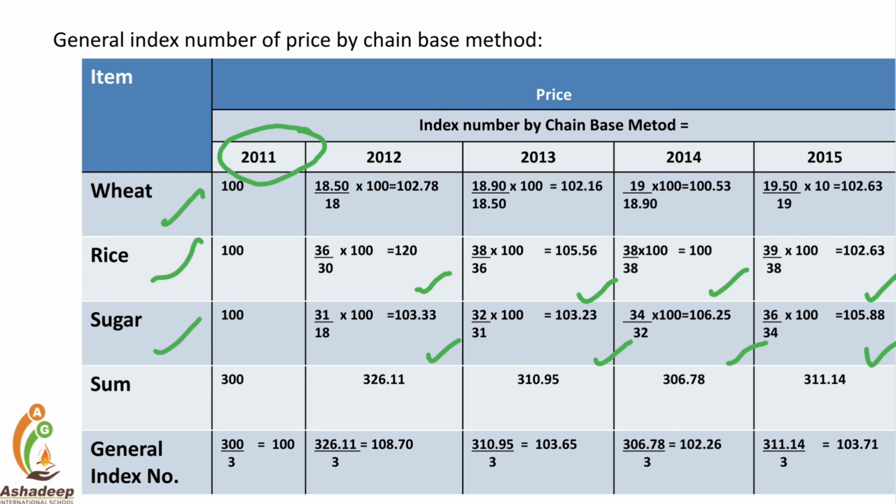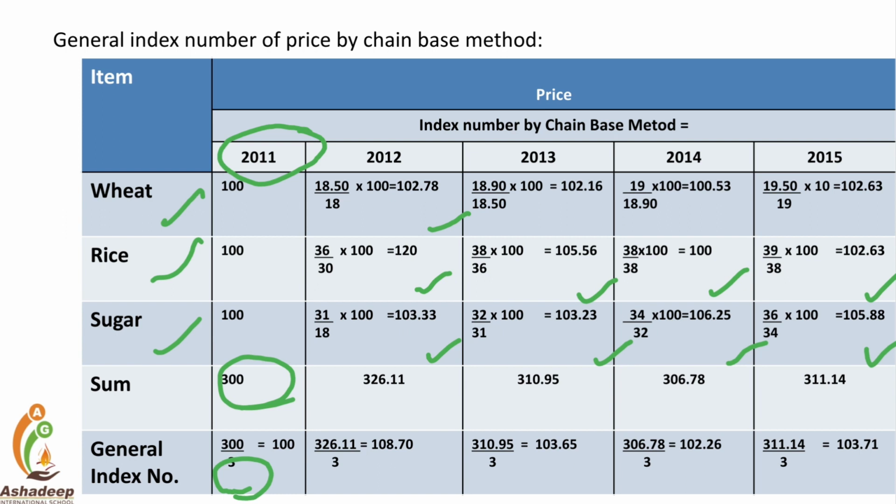General means we have to add all the index numbers of the items, then divide by the number of items. Here the sum of the index numbers is 300, and we have 3 items as well. In 2012, the index number for wheat is 102.70, the index number of rice is 120, and the index number of sugar is 103.33.